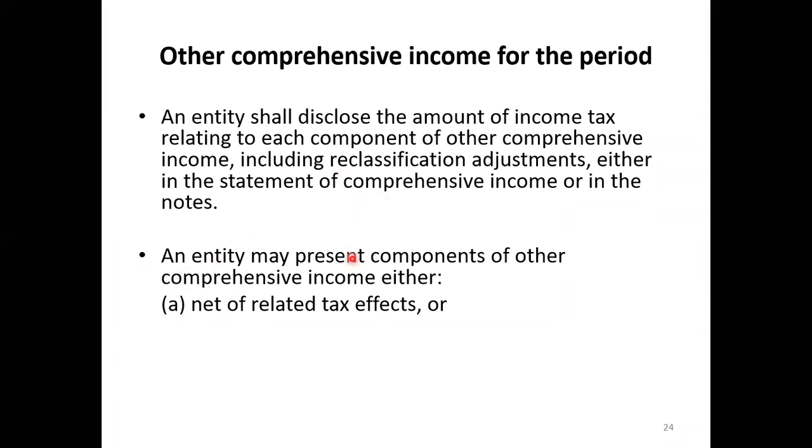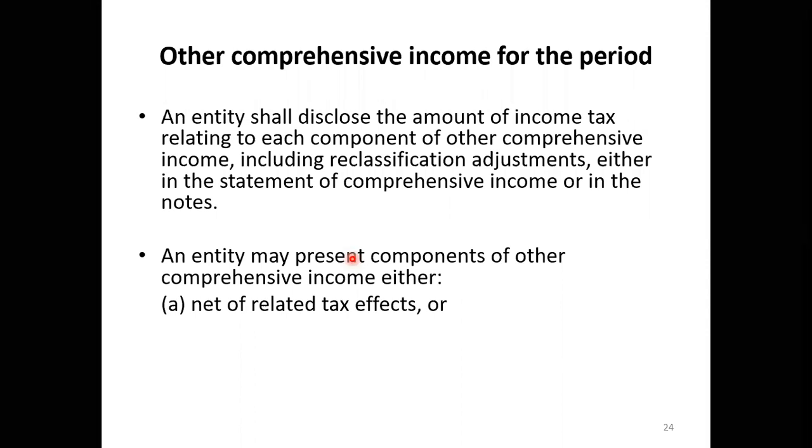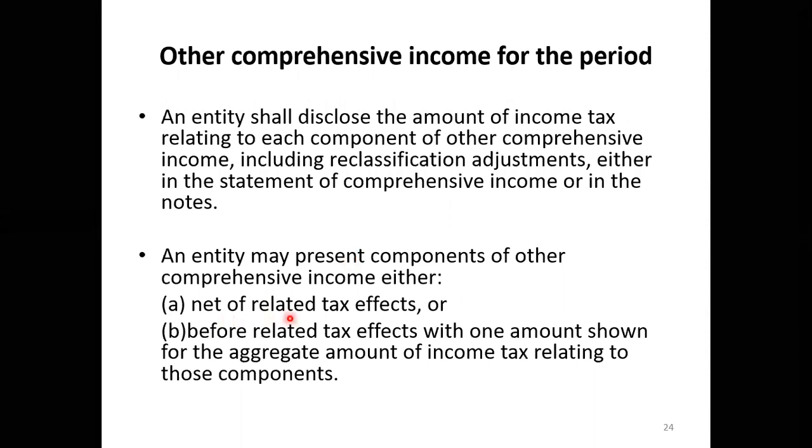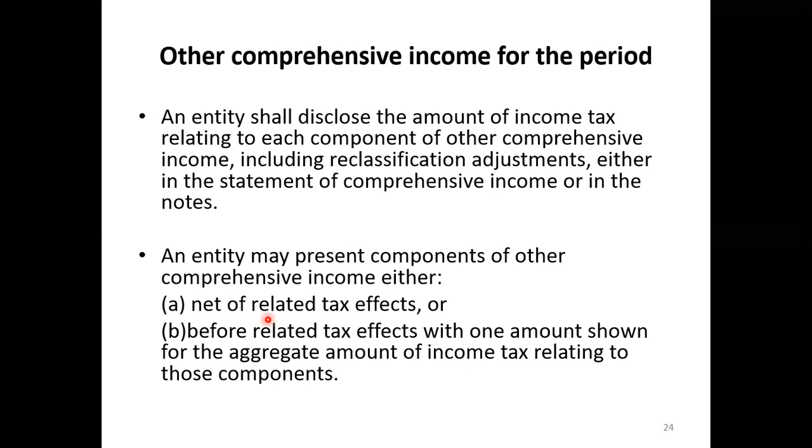An entity may present components of other comprehensive income either net of related tax effect, they can show as a net value, or before related tax effect with one amount shown for the aggregate amount of income tax relating to those components.